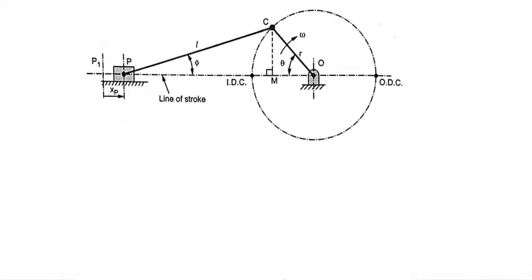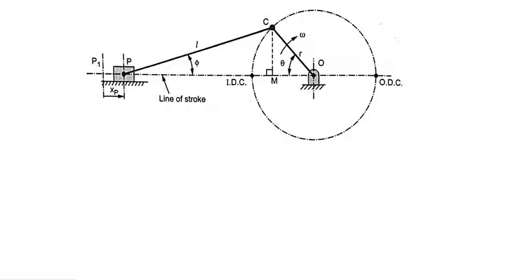The first one is analysis of an IC engine mechanism, and we know that these IC engine mechanisms are widely used in the field of mechanical engineering. So it is beneficial to express the velocity, acceleration and displacement of the piston and connecting rod in the form of equations, so as to deal easily with problems related to dynamic as well as static conditions.